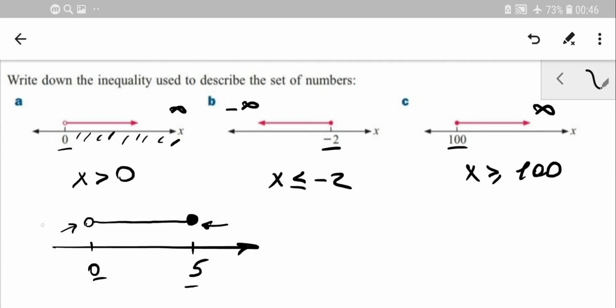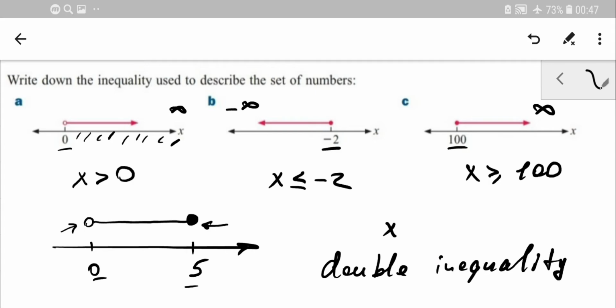All right. So how to put it into an inequality? We just say that we use a double inequality. Double means you have two inequality signs. All right, how to work with that? You simply take x.